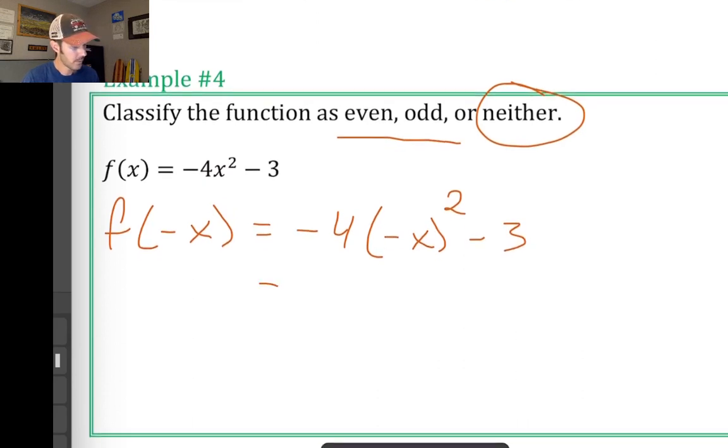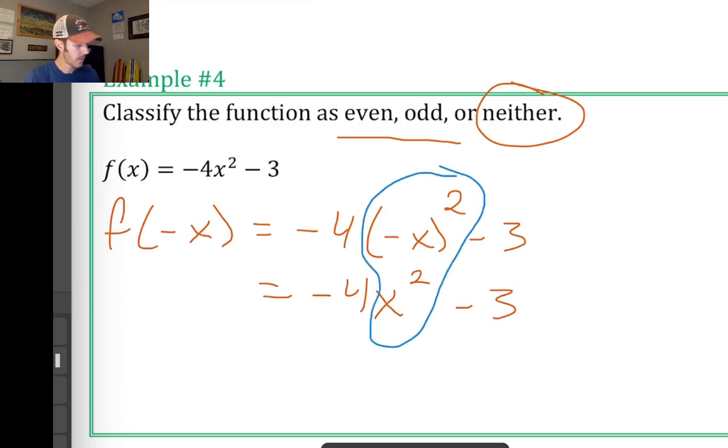What is -x squared? Well, that means -x times -x, and you know that a negative times a negative makes a positive, and the x times the x makes an x squared. And we still have the -3. So the only thing that changed from here to here was squaring a -x.